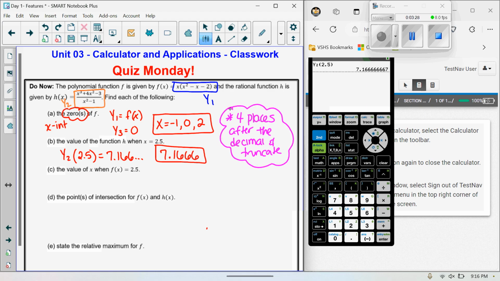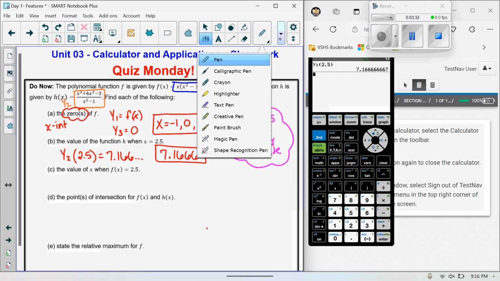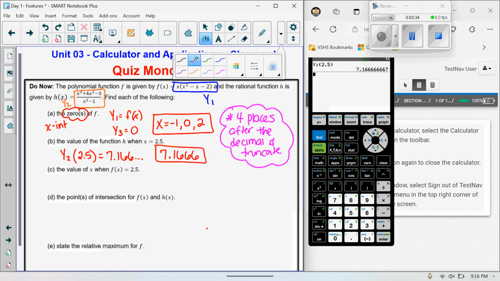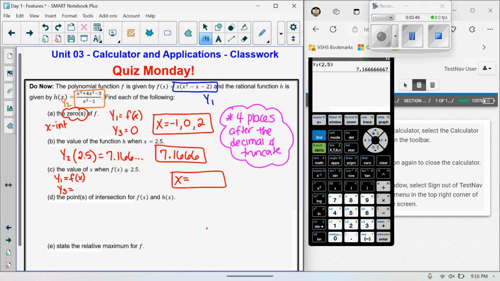Okay. So now we're going to do part C. It wants the value of x. So my final answer is going to read x equals some number, I don't know yet, when f of x equals 2.5. So I already have y1 to be f of x. I'm going to change my y3 because this is a y equals to 2.5. So let's go back to my calculator. My y1 is still highlighted.